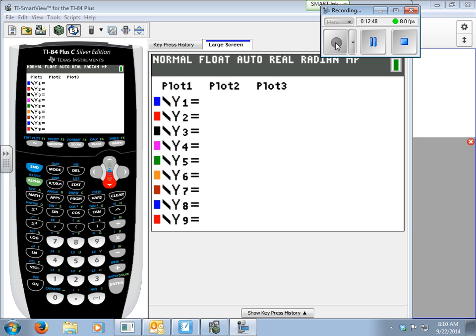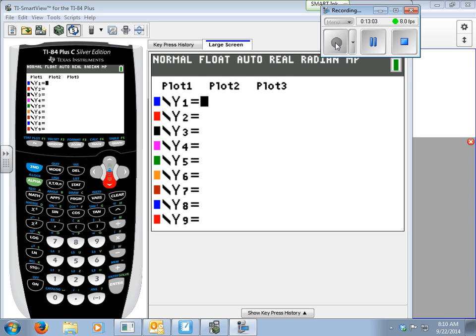When you hit the up arrow, and then hit enter and arrow back down again, it should turn that plot off. That way it's not going to be plotting any scatter plots that you might have someplace in your calculator. So you should have a clear screen right now.